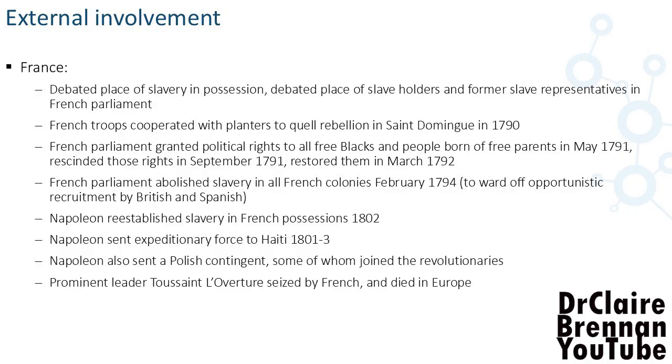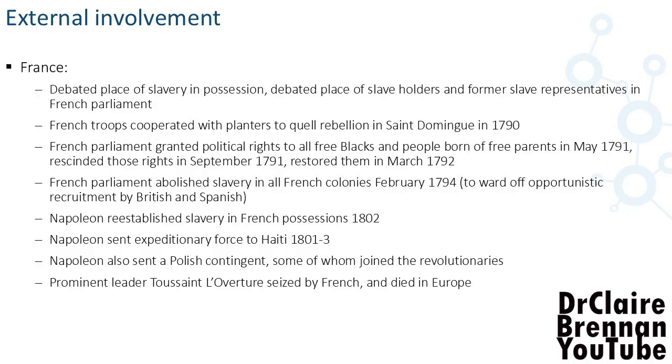Planters were wealthy white French people who had political connections, but other people also managed to express their views and their concerns within France. In this outline of French involvement in the Haitian Revolution, you can see there's quite a bit of toing and froing in terms of the French Parliament and its view on slavery in the Caribbean.